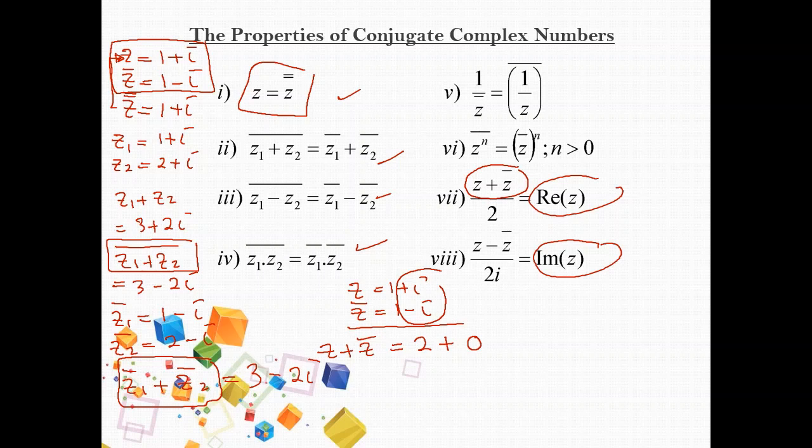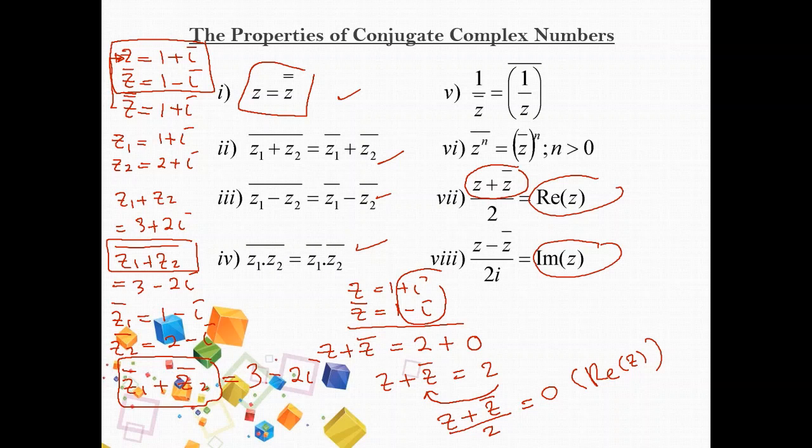So from z plus z conjugate equals 2, if we bring 2 to this side, that will leave us with the real part of z. We only have the real part, we don't have the imaginary part at all.